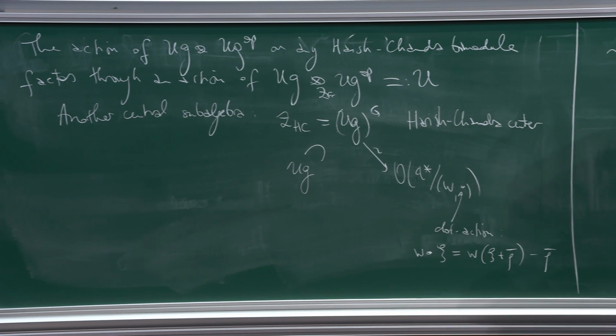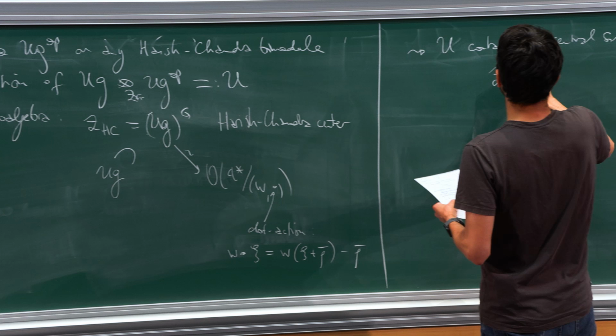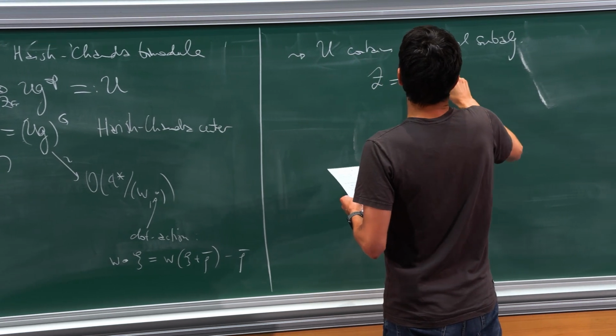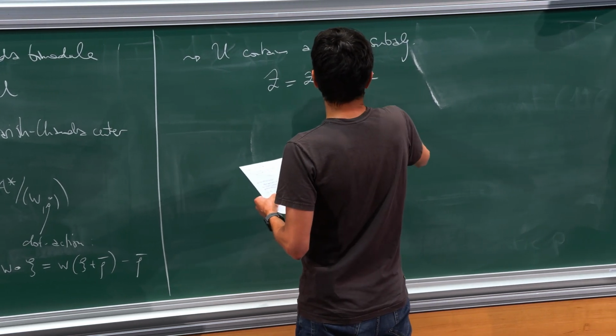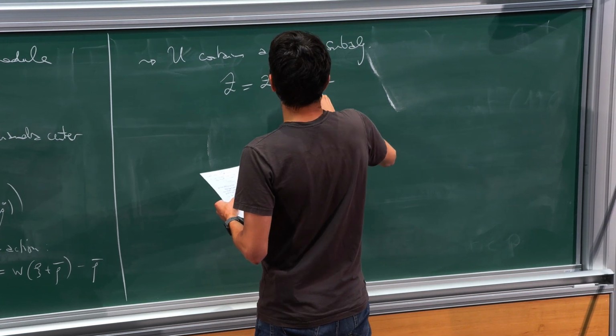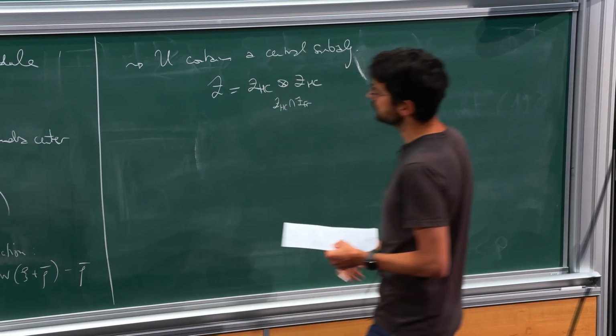which I will denote by Z, which is the tensor product of ZHC with itself over the intersection with the Frobenius center.